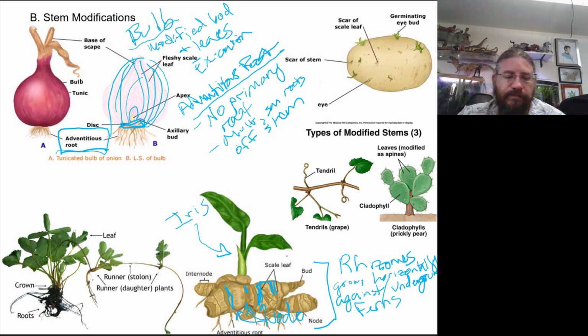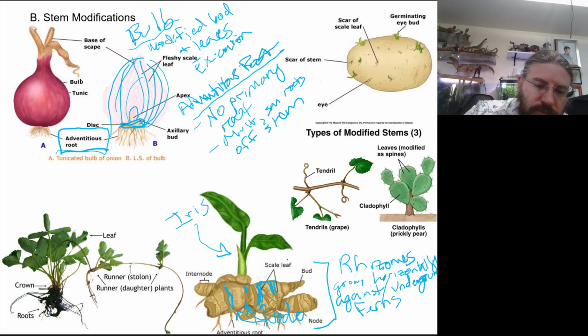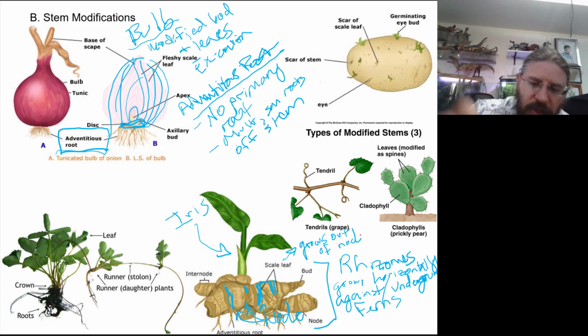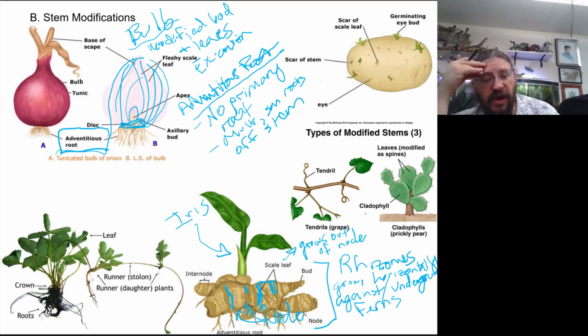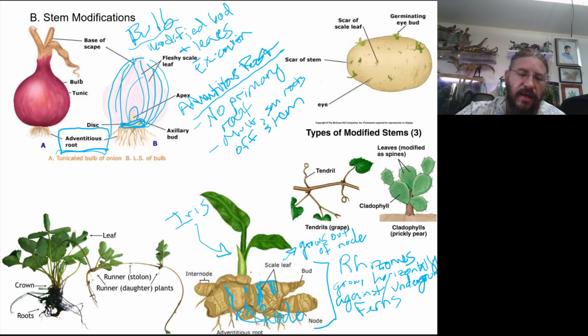So it's a part of the axillary buds on that. And then some axillary buds, of course, open up to the surface where you can produce a leaf.